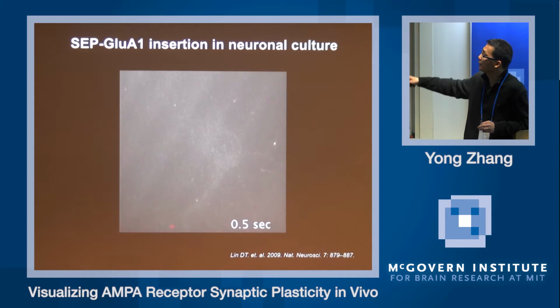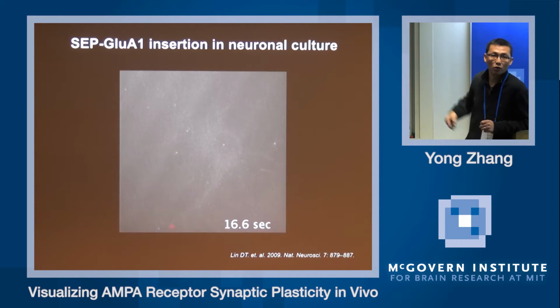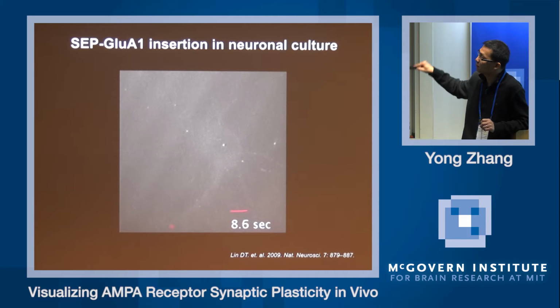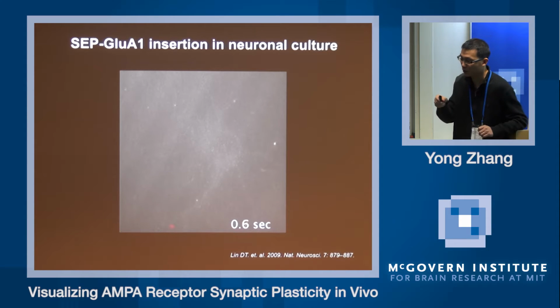Taking a time series, you can see those bright puncta showing up. Those show a group of AMPA receptors inserted into the membrane surface. Using this method, we were able to study AMPA receptor trafficking and dynamics, especially for the membrane population in the dissociated neuronal culture.